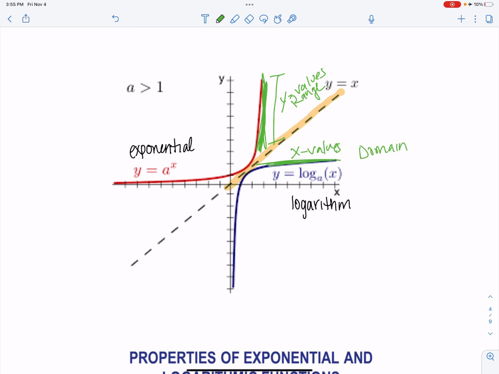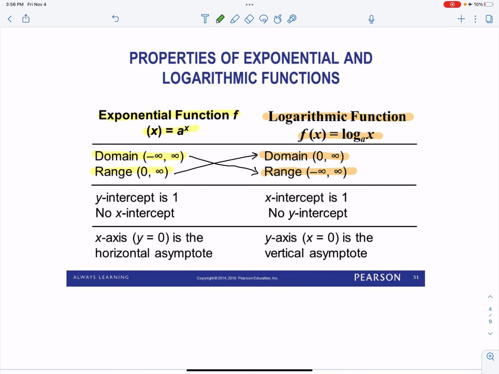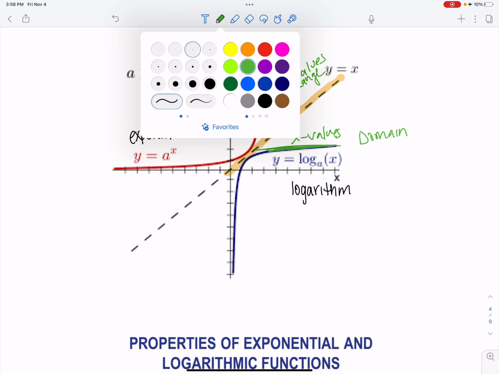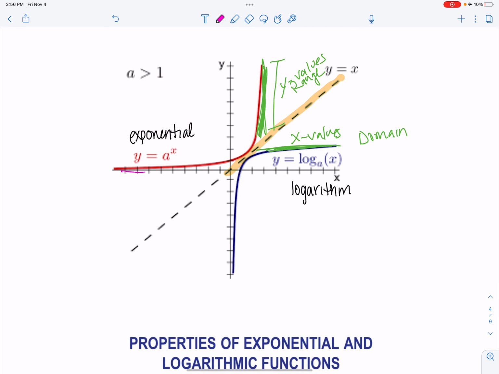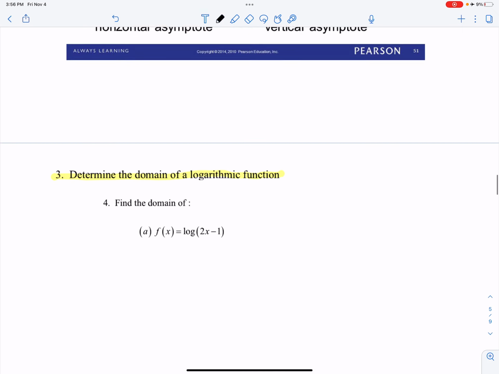So it's really nice to go back and see graphically the explanation. When we go from exponential form to logarithmic form, the domains and ranges are swapping. And one important aspect is that the horizontal asymptote that the exponential form had becomes the vertical asymptote of the logarithmic form. That's really important, and it's going to come up again.